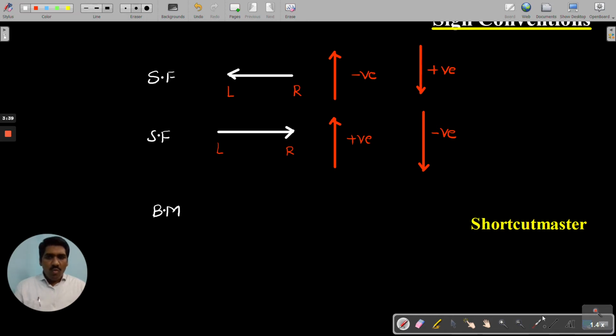While moving from right to left, in this direction, the clockwise bending moment is always taken as negative and the anti-clockwise bending moment is always taken as positive. I am saying about bending moment sign conventions.